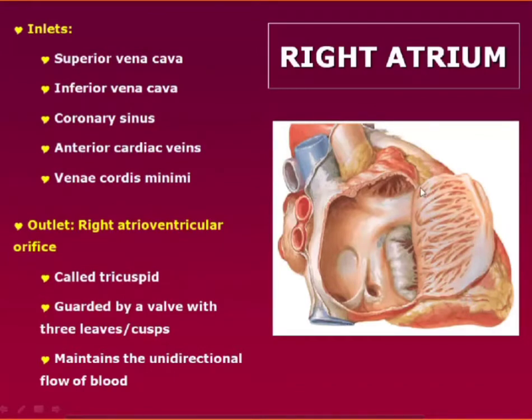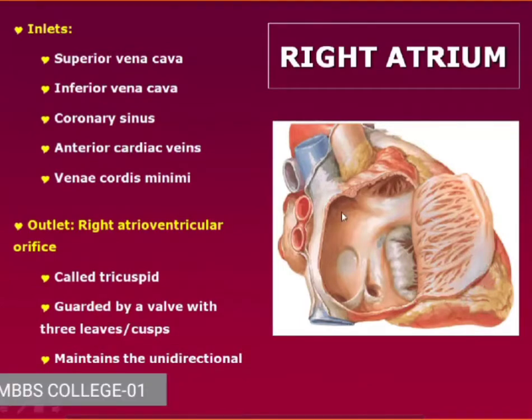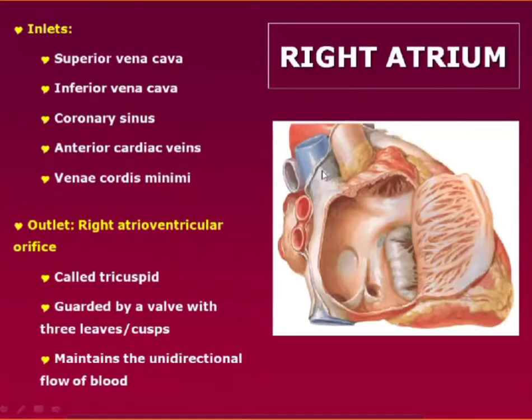Then coming to the posterior smooth part. You see here, all the openings are coming into this part. The superior vena cava is opening into the posterior smooth part, and the inferior vena cava is opening into the smooth part of the right atrium.